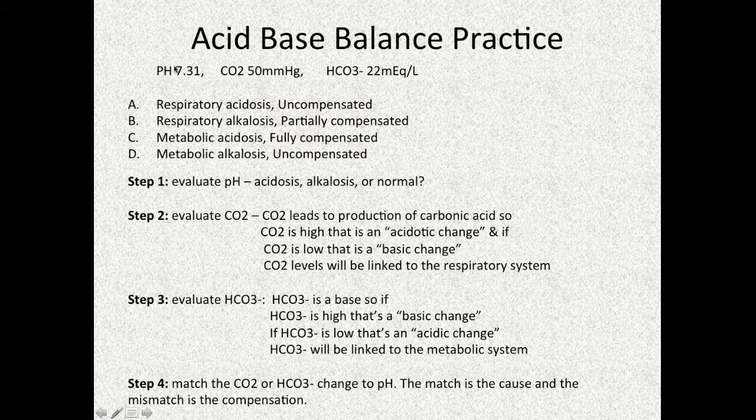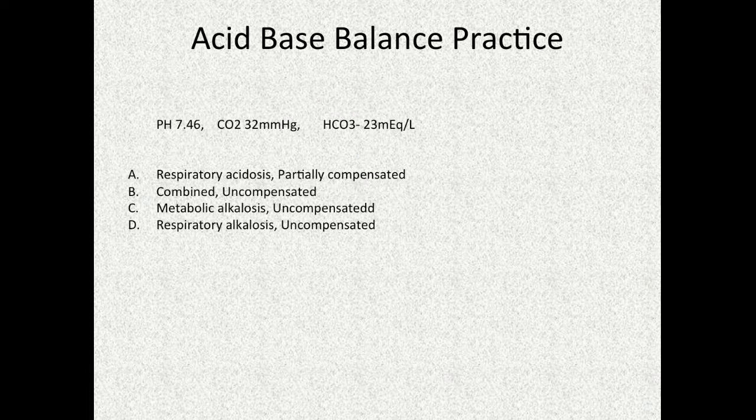Okay? So let's do one more example and we'll see this again. So step 1 was evaluate the pH, which is 7.46. Normal is 7.35 to 7.45. So this pH is abnormal and it's alkalotic. The next step is evaluate the CO2.